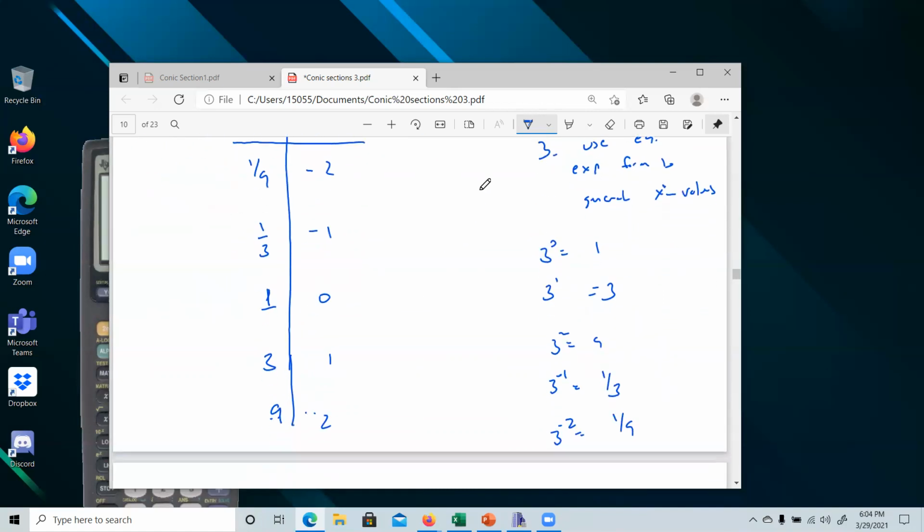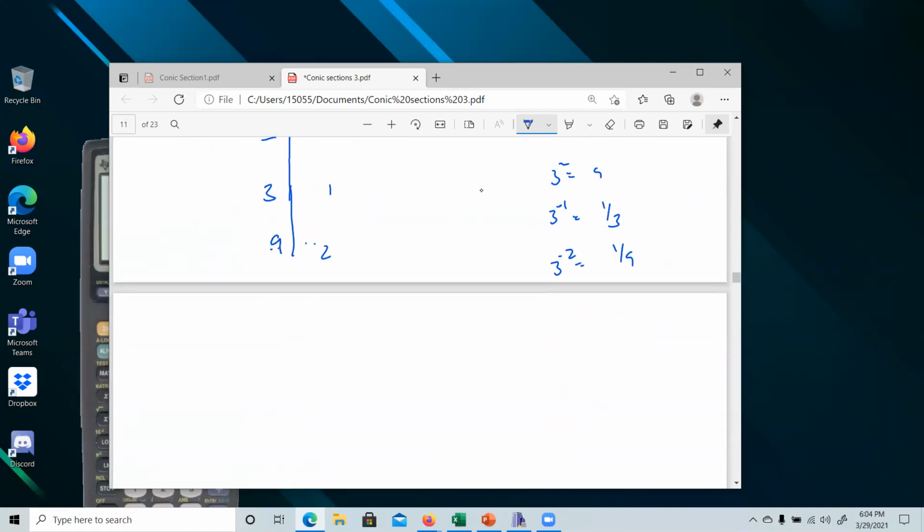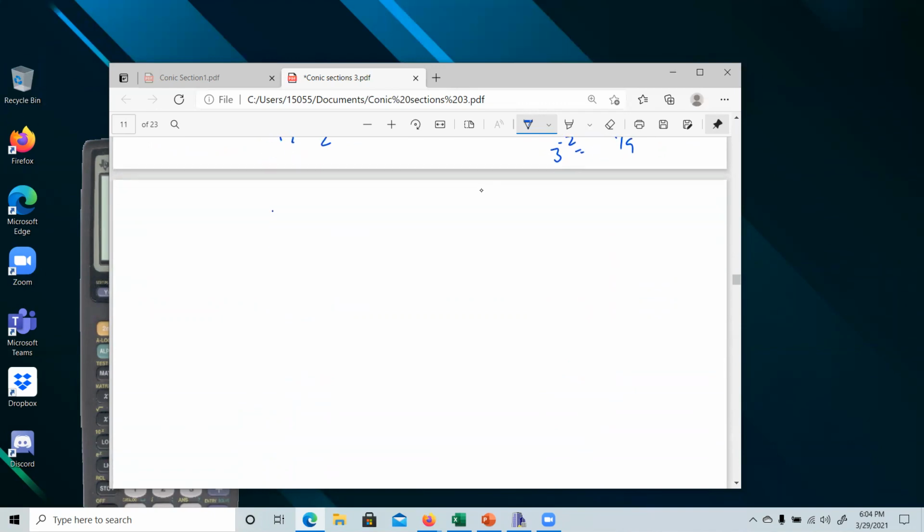So now it's time to graph. So let's go with 1, 2, 3, 4, 5, 6, 7, 8, and there was 9. So 3, 6, 9. Okay, so we have a point here at 1, 0.